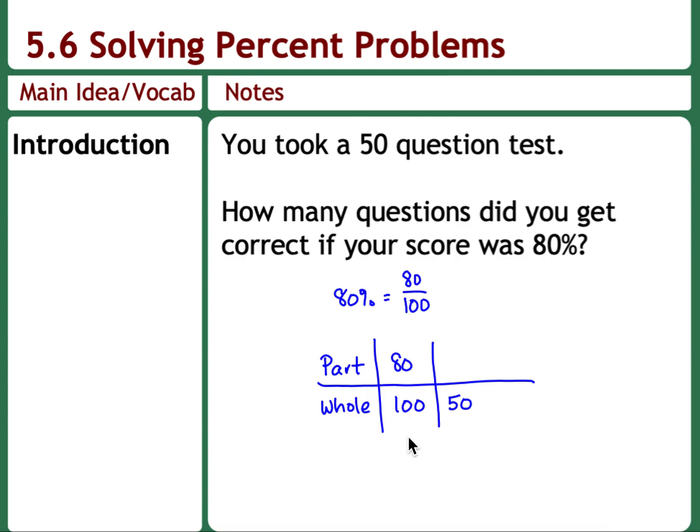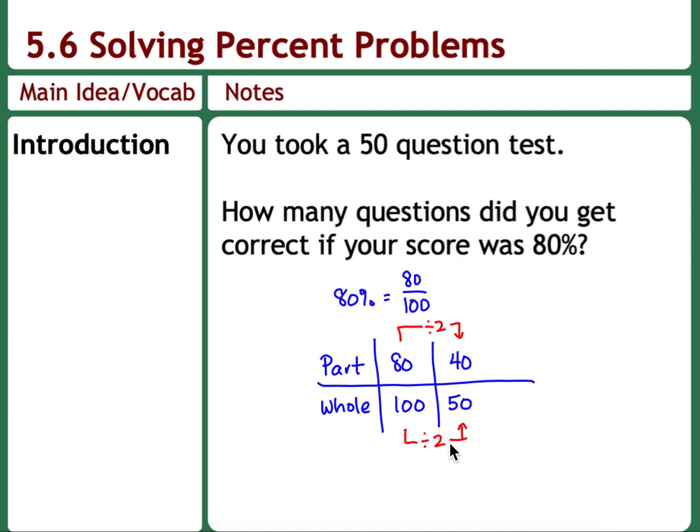Well, if we think in terms of ratio tables, we know we can get to 50 by dividing by 2. So that means if we divide 80 by 2, we will find out how many we got correct for that 50 question test, which is 40.